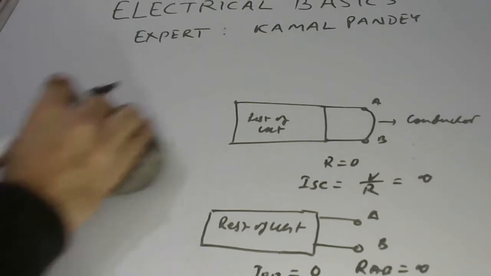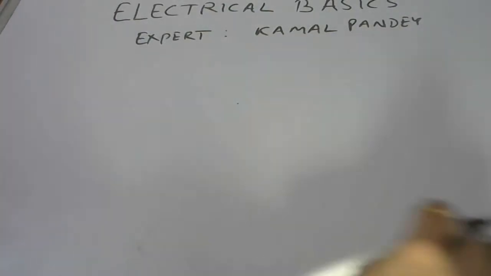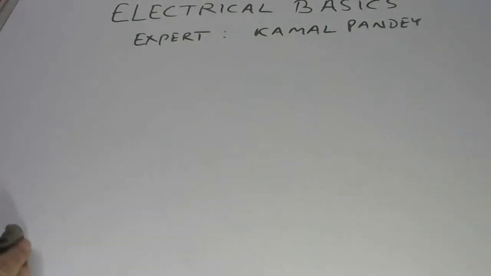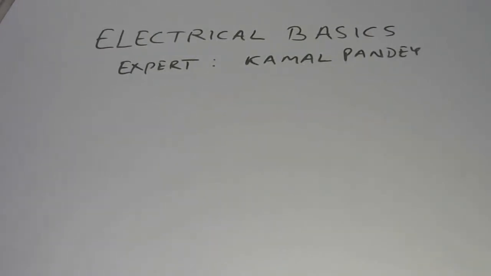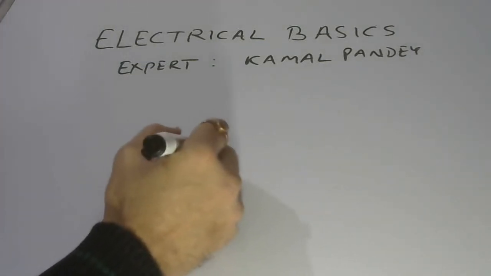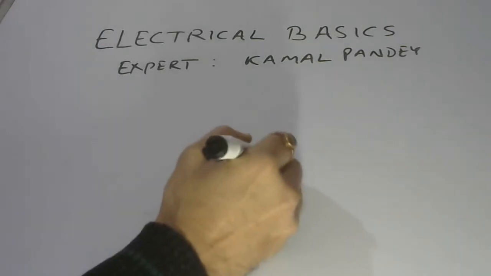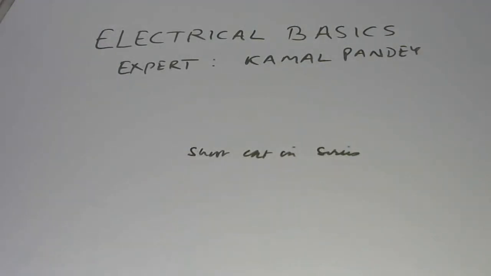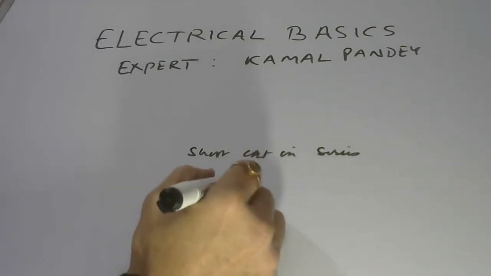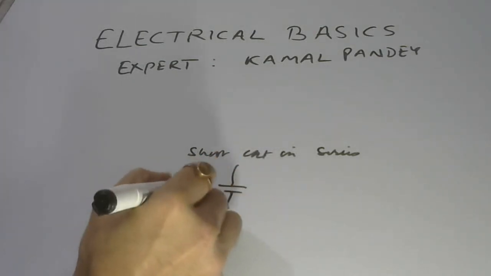How open circuit condition or short circuit condition will help in determining the value of resistances, we check here in this question. Short circuit in series. First we discuss short circuit in series. Let us take we have a 12-volt battery connected.